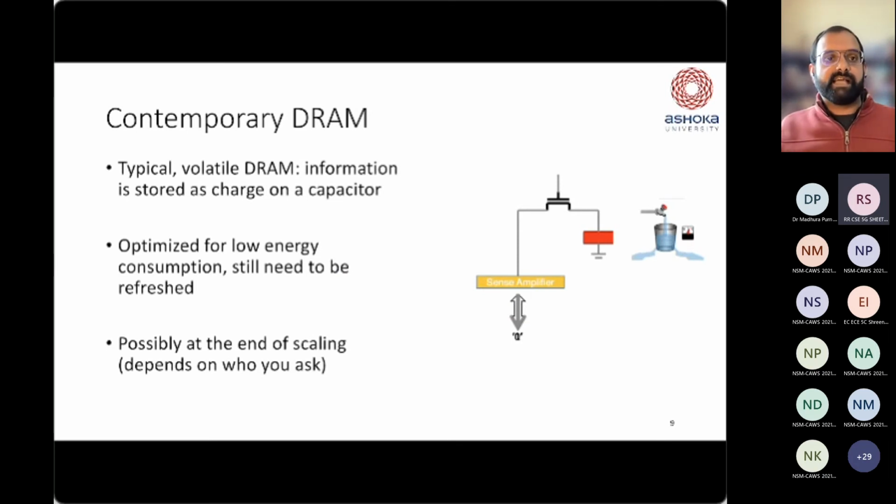So for example, DRAM is dynamic random access memory, and the reason it's dynamic is because it requires refresh over time. So information in DRAM is stored as a charge in a capacitor, which you can think about as a leaky bucket, right? So you fill water into a bucket, but there is a hole in the bucket. So over time, essentially the charge leaks, which means from an information perspective that the bit has flipped, right?